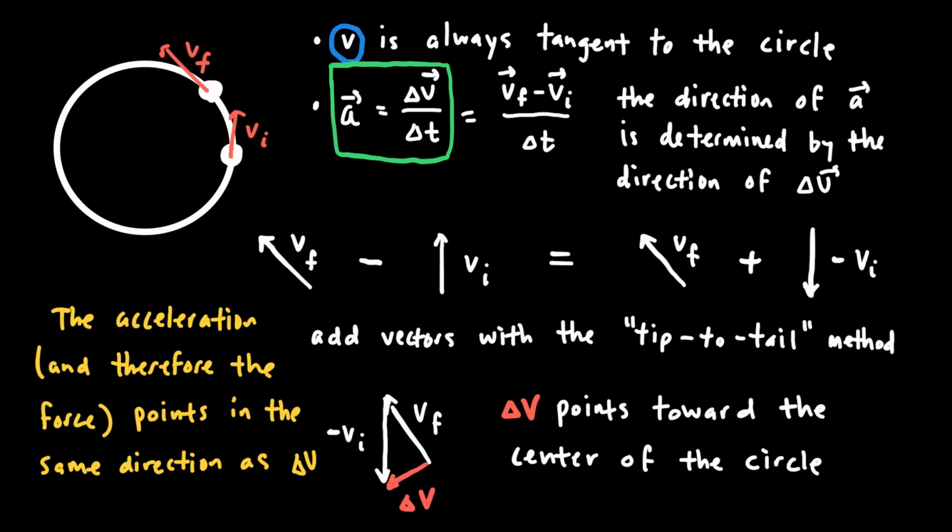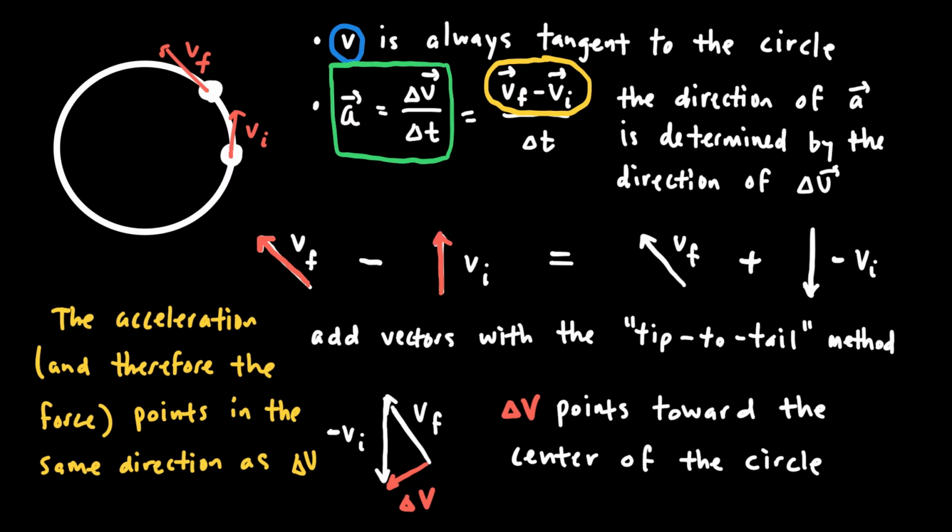And change in velocity is the same thing as v final minus v initial. And so if we could figure out what direction v final minus v initial, those two vectors in my picture, point, then we could figure out what direction the acceleration is in. And so first, all I did was I wrote down what the directions of vi and vf were. Vf points up and to the left like that, and vi points upwards.